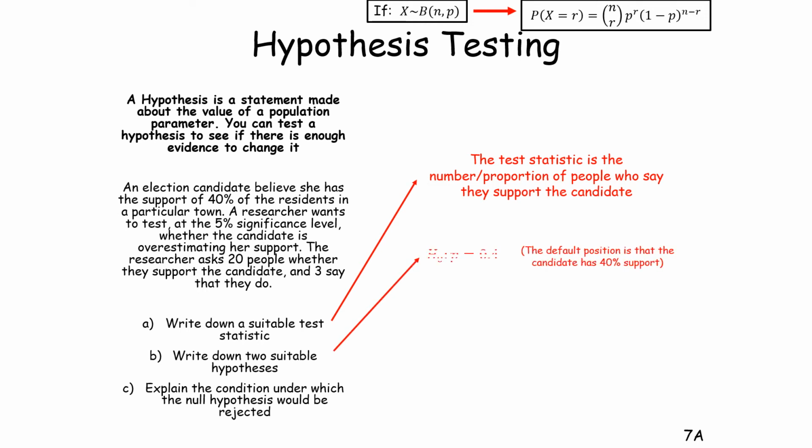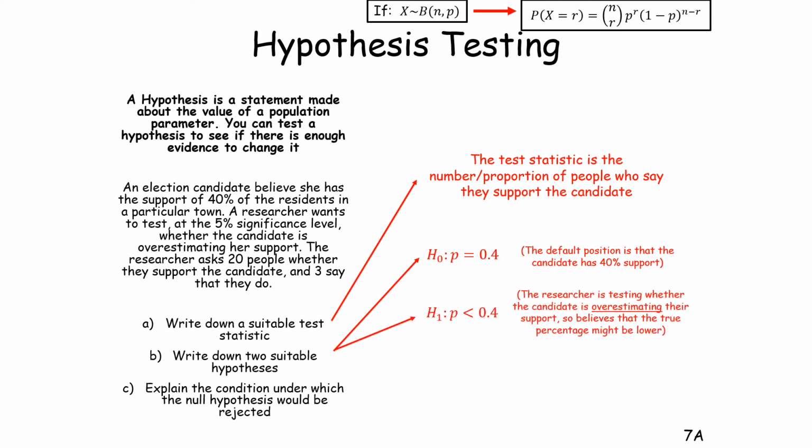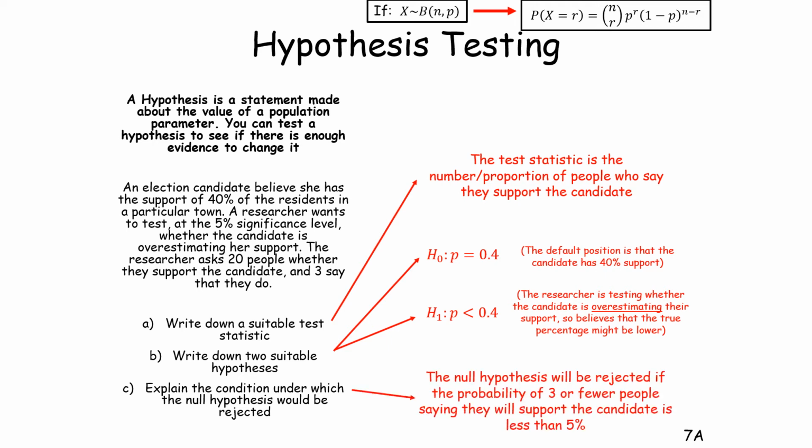So the default position, p is equal to 0.4 or 2/5. The alternative is p is less than 2/5 or 0.4. So in this case, the null hypothesis will be rejected if the probability of 3 or fewer people saying they support the candidate is less than 5%.